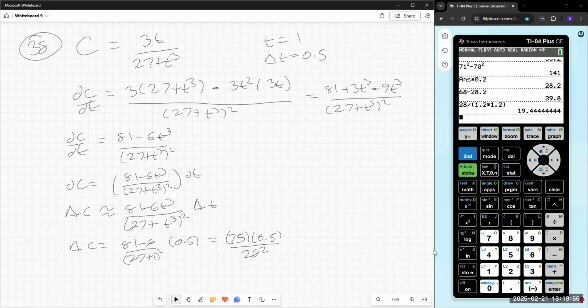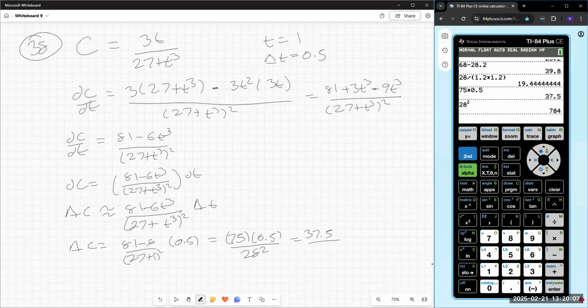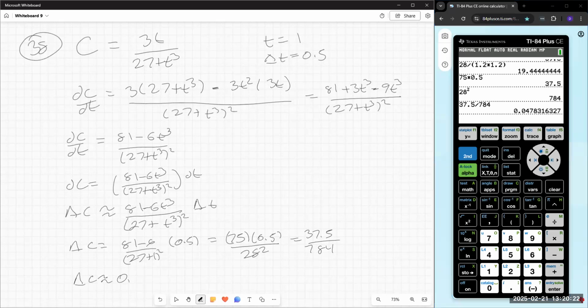So 75 times 0.5 is 37.5. 28 squared is 784. 37.5 divided by 784, delta C is approximately, I'm going to call that, 5/100ths of a milligram per milliliter per hour.